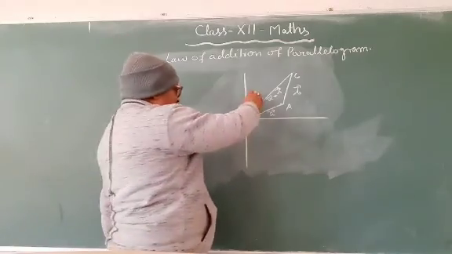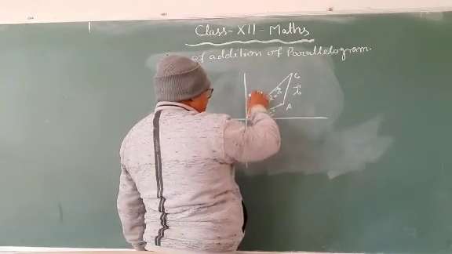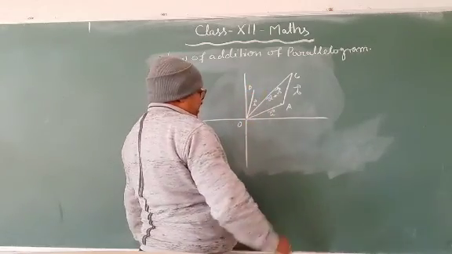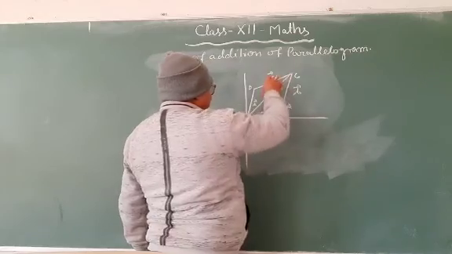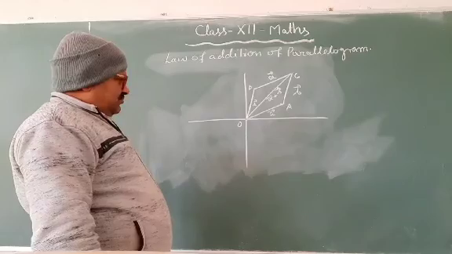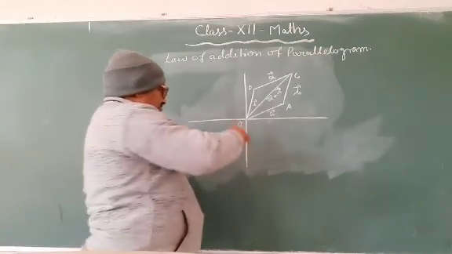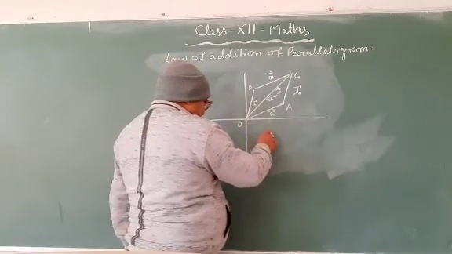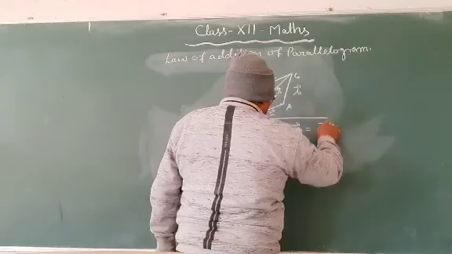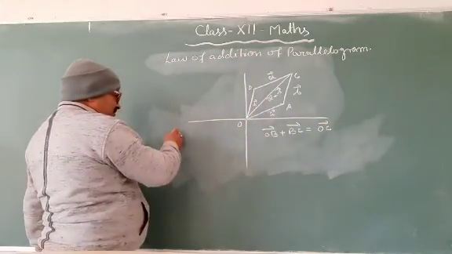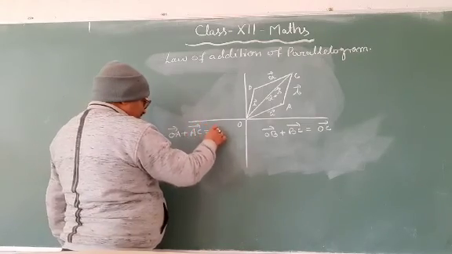A line OB parallel to vector B, and BC parallel to vector A. The line BC is parallel to vector A and the line OB is parallel to vector B. Then the sum of vector OB plus vector BC is equal to vector OC, and vector OA plus vector AC is equal to vector OC.